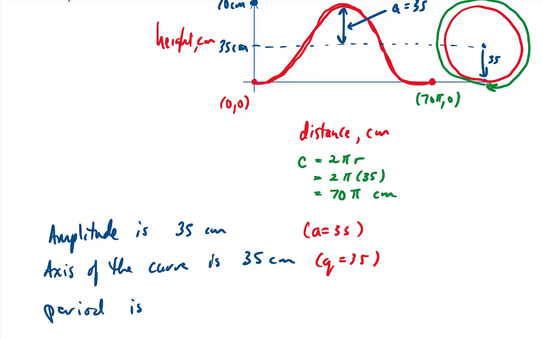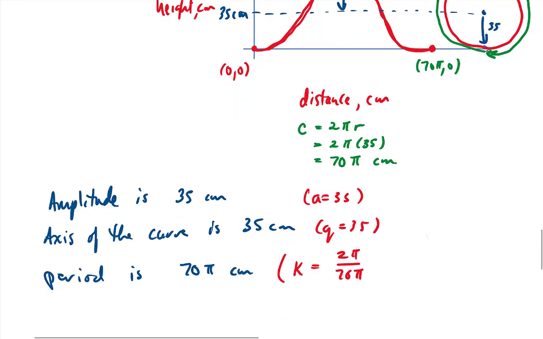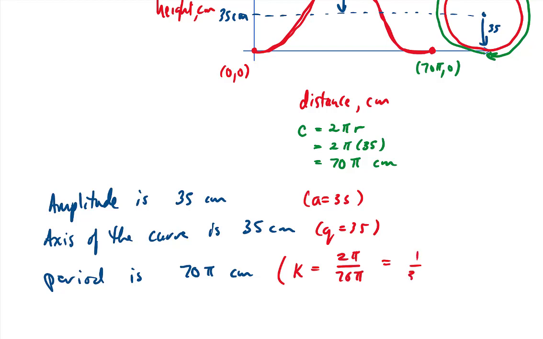So the period we determined to do one full rotation is 70 pi centimeters. That's the circumference of the wheel. And this helps us get our K value. Our K value would be 2 pi over 70 pi. And that is equal to 1 over 35.